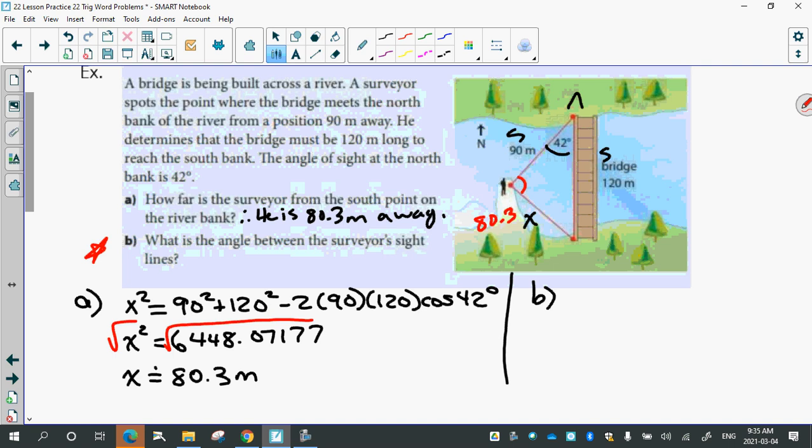Okay, so we're trying to find this angle. We'll call it angle A. And we'll use the cosine law to find it, which means we start the cosine law out with the side across. So 120 squared equals 80.3 squared plus 90 squared minus 2 times 80.3 times 90 times the cosine of angle A. And then we slowly try to get angle A by itself.